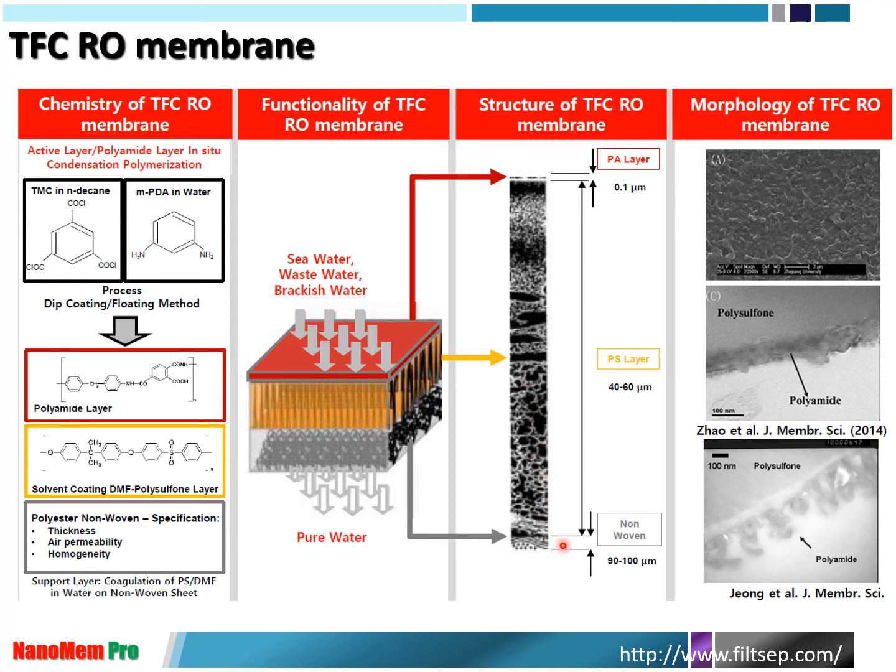If you look in more detail at the polysulfone and polyamide layers, this is the polysulfone layer, and this is the polyamide. You can see some ridge-and-valley type polyamide layer is produced when you use the polymerization of MPD and TMC.